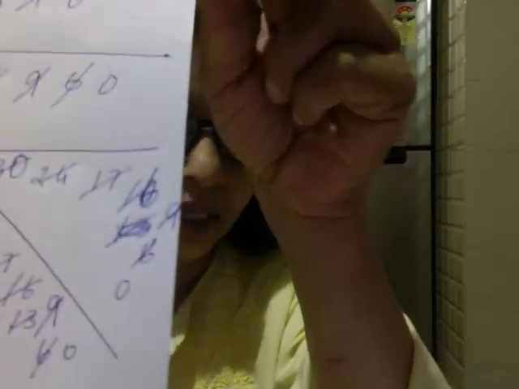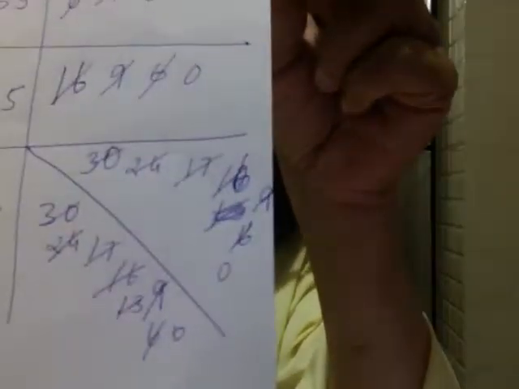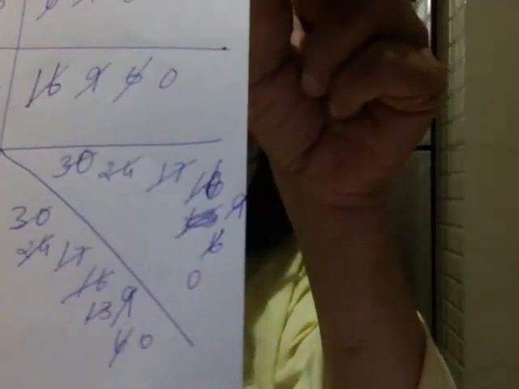And then you have 3, 6, and the last was 0. So 30 becomes 24, 24 becomes 17, 17 becomes 16, 16 becomes 9, 9 becomes 6, and 6 becomes 0. Okay?